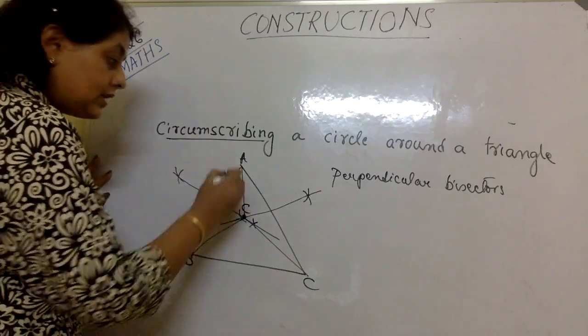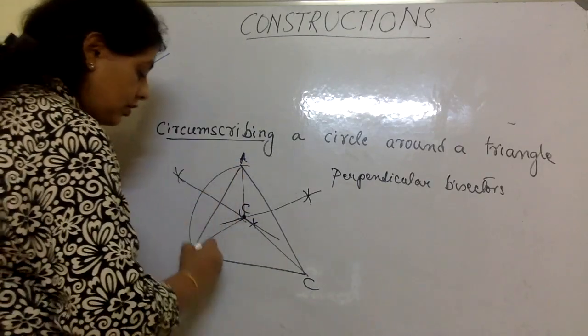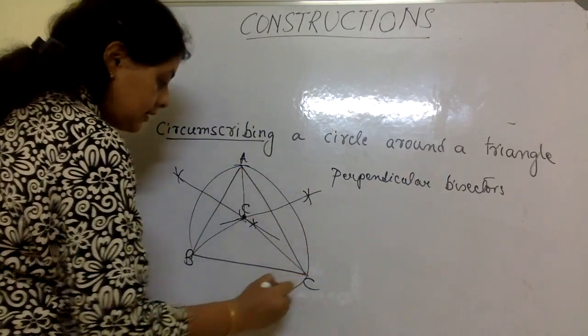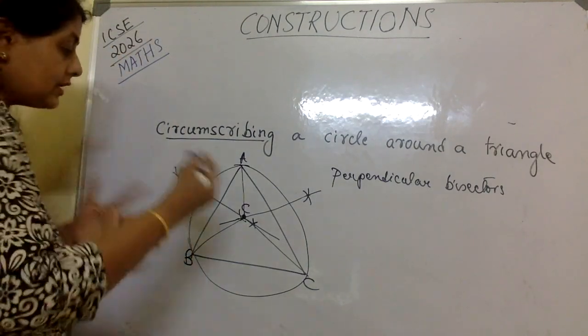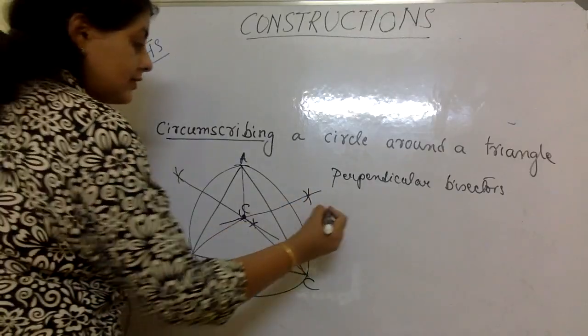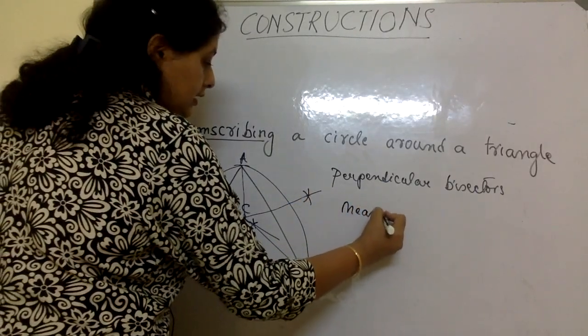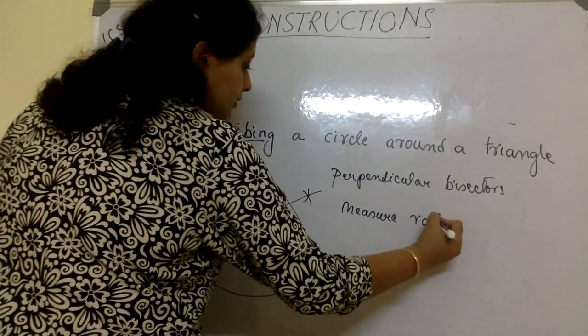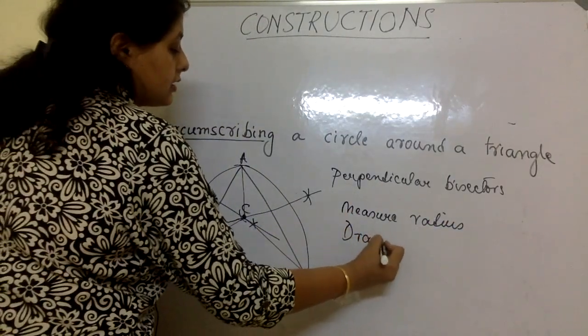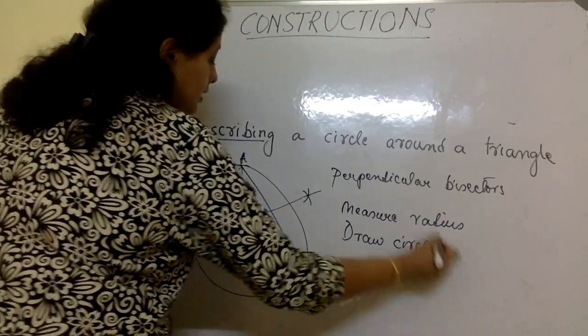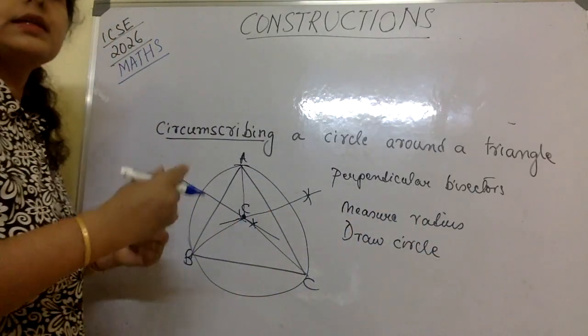Now we take this radius and we draw the required circle. This is our circumcircle. So just in two steps: perpendicular bisectors, measure radius, and now draw the circle. Circumcircle is outside, incircle is inside.